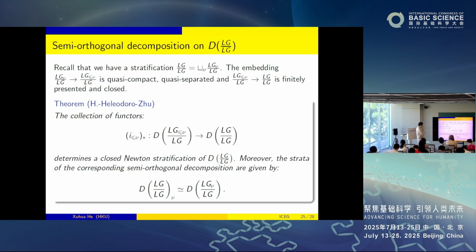So this defines a Newton stratification on the categorical level, and we also obtain a so-called semi-orthogonal decomposition of this category.